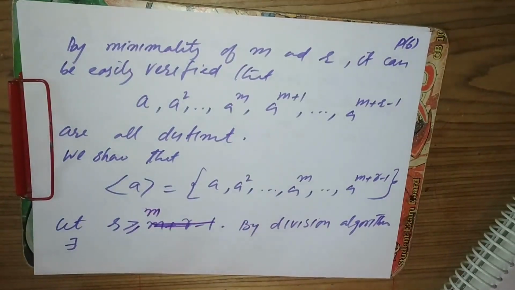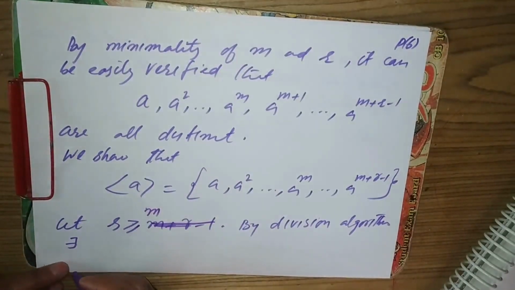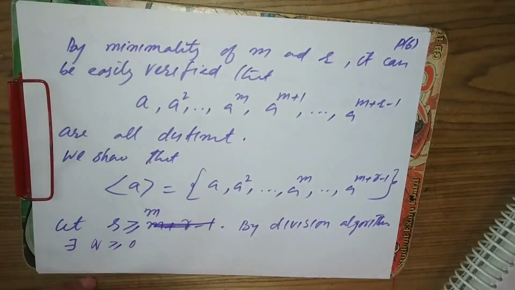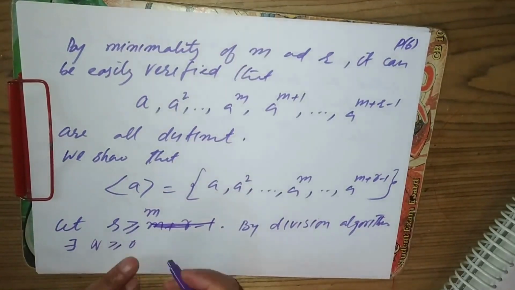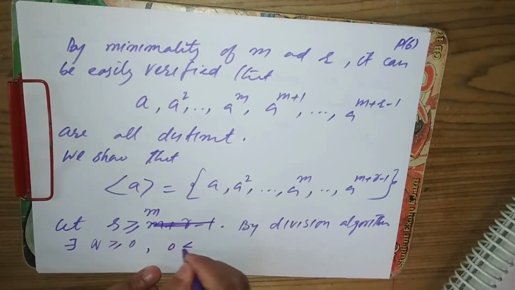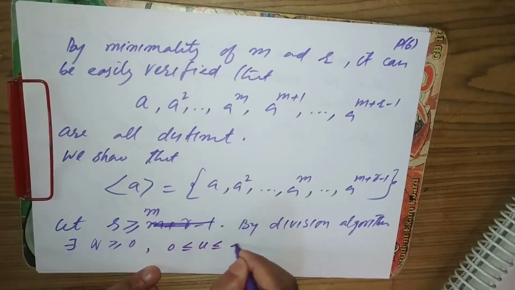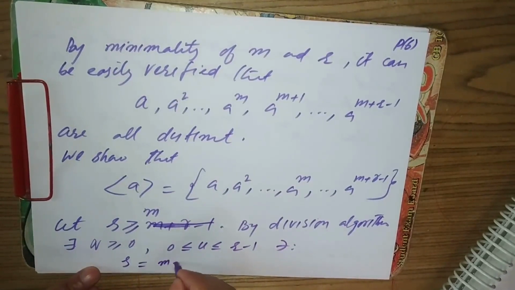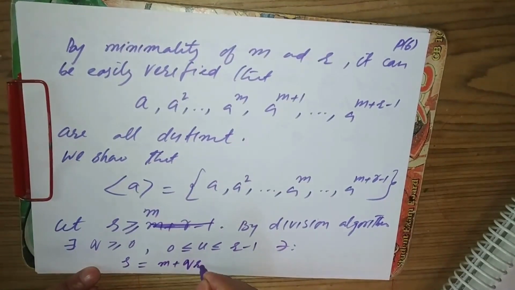Then by the division algorithm, we can see that there is q greater or equal to 0 and u with 0 less or equal to u less or equal to r minus 1, such that s is equal to m plus qr plus u.